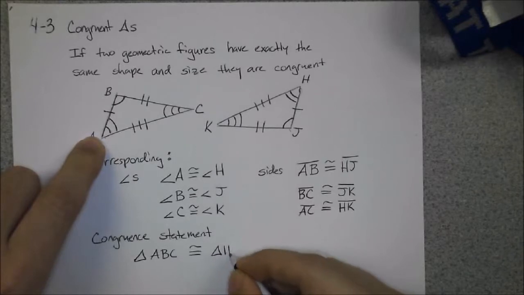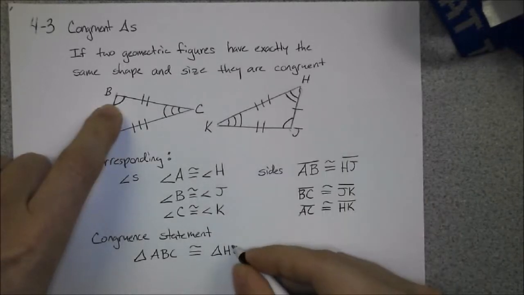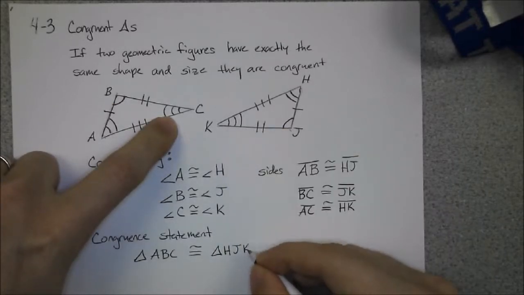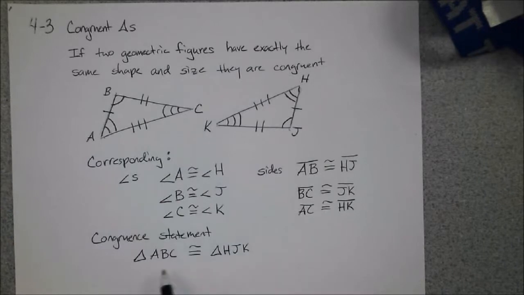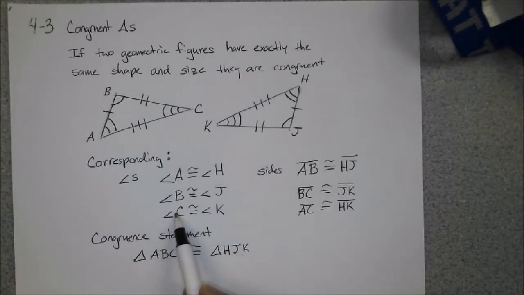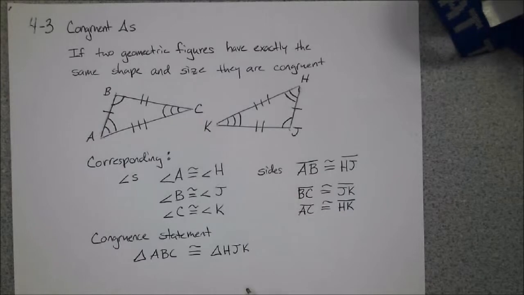So I'm going to write triangle, start with H. Next we have B, which has 1, J has 1. And last we have C, which has 3, K has 3. So just verify that you have that order correct. So this is the congruent statement. This is how you prove it, because all the corresponding angles and sides are congruent, therefore the two shapes are congruent, and on a test this is what we would look for right here.